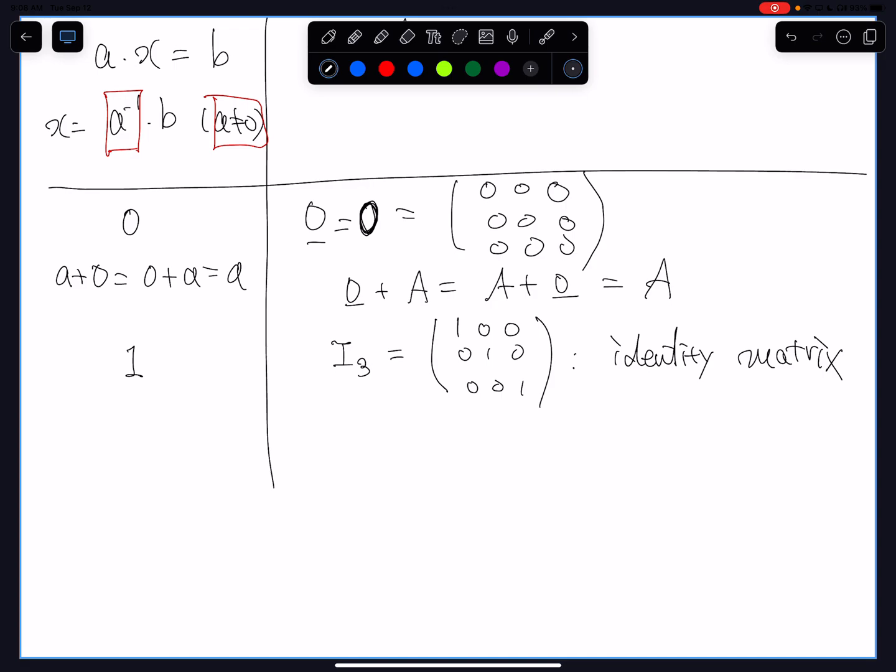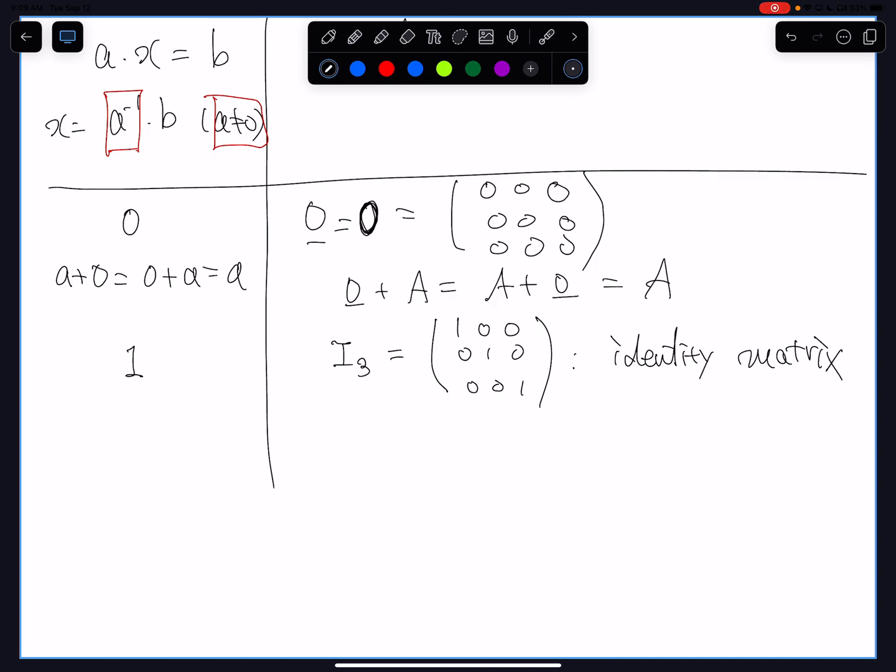You can imagine what the matrix will look like in a 2 by 2 space. If it's 4 by 4, we will have 1 0 0 0, 0 1 0 0, 0 0 1 0, 0 0 0 1, right? I'm just going to use a 3 by 3 matrix as an example, but it's not limited to 3 by 3.